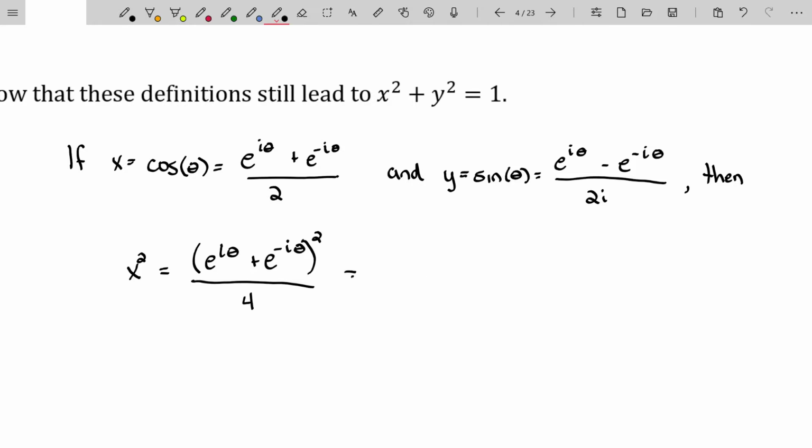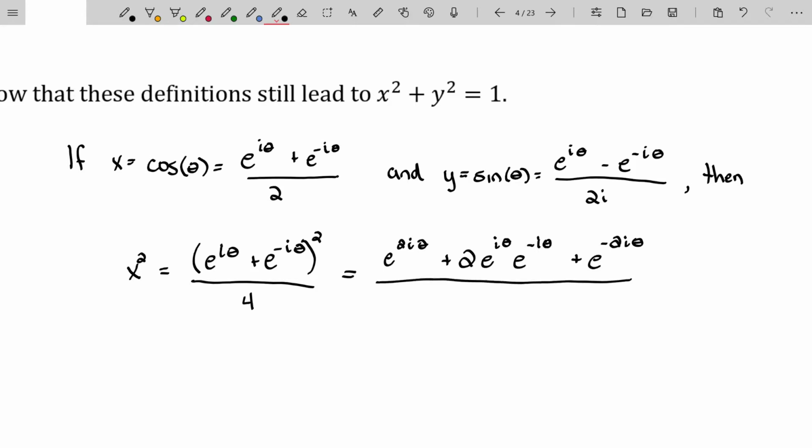I'll just clean this up, which is equal to, let's see, multiplying this out, you get e to the i theta times e to the i theta, which is e to the 2i theta, plus 2 of the e to the i thetas times e to the negative i thetas, but I'm imagining that you know what that's going to turn into, plus e to the negative i theta times e to the negative i theta, which is e to the negative 2i theta.